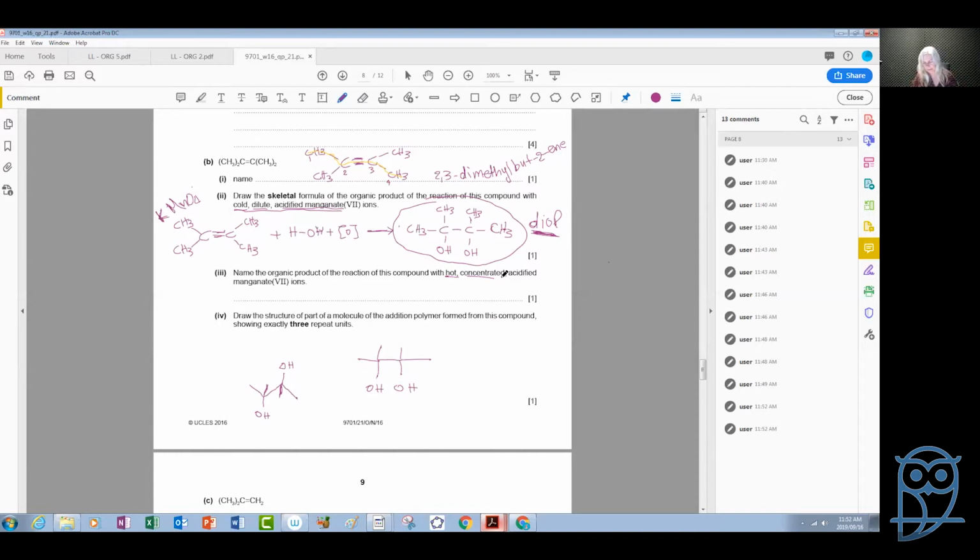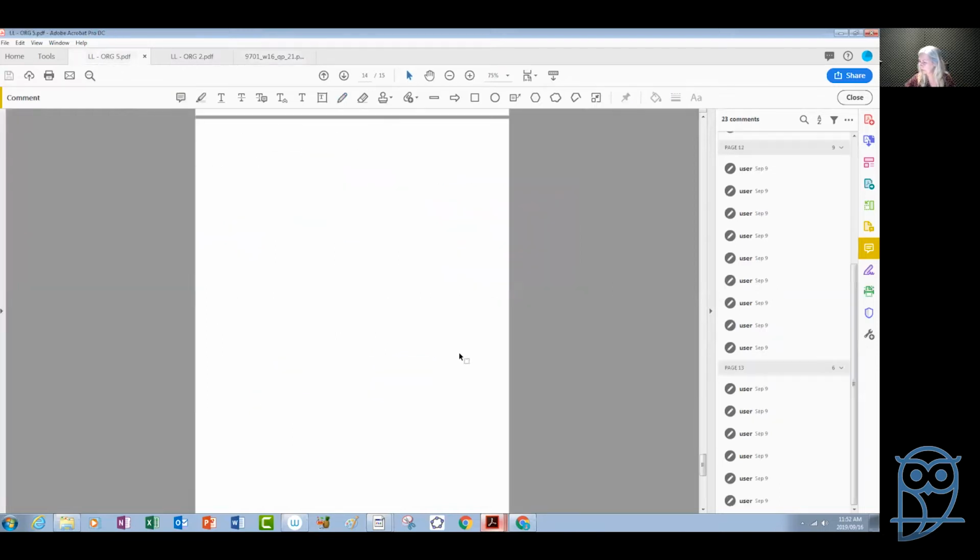Maybe we should find some more space here to discuss what the products might be of an alkene reacting in these conditions with hot and concentrated acidified manganate.